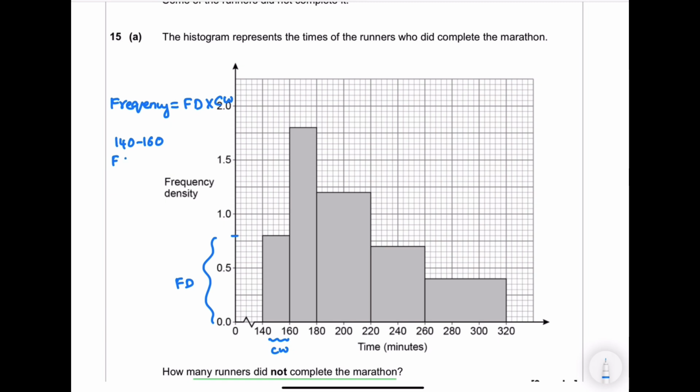So for the first bar between 140 and 160, 20 is the class width and 0.8 is the frequency density. So 20 times 0.8 is 16. Okay, let's do the next bar between 160 and 180.